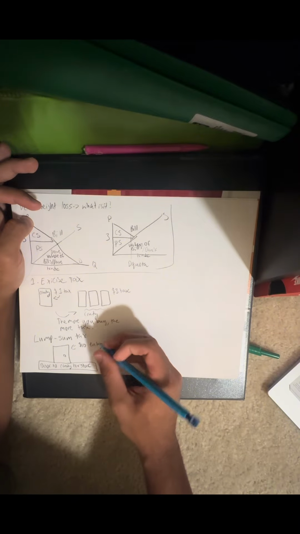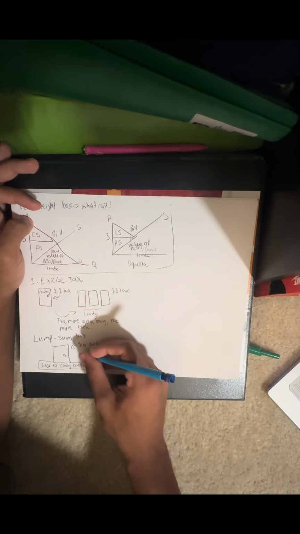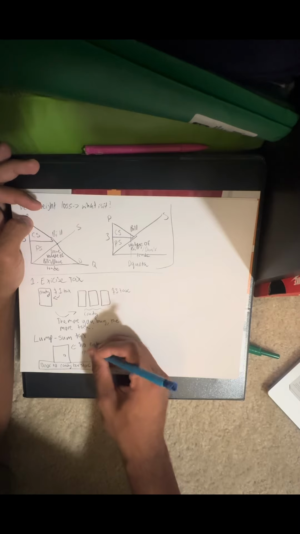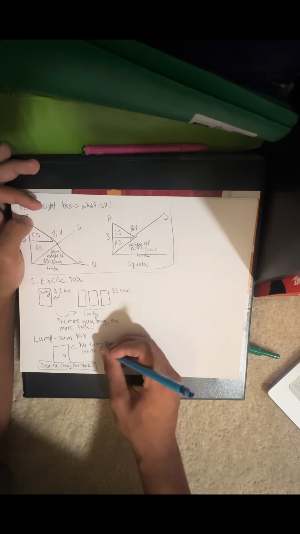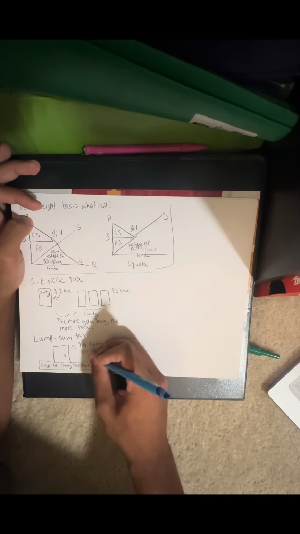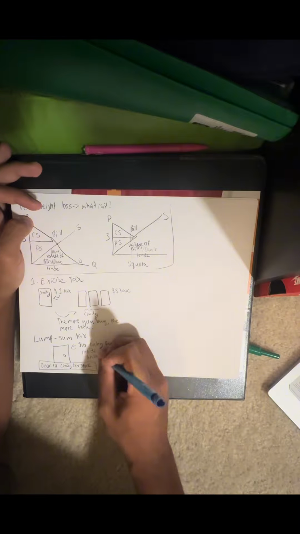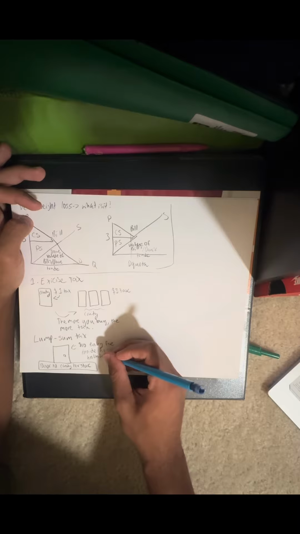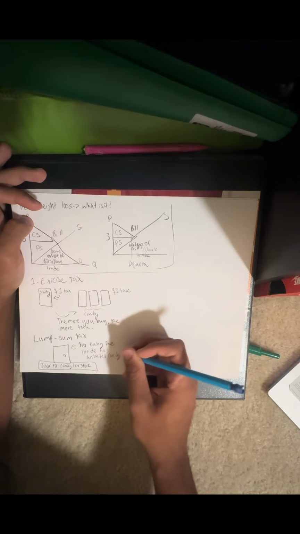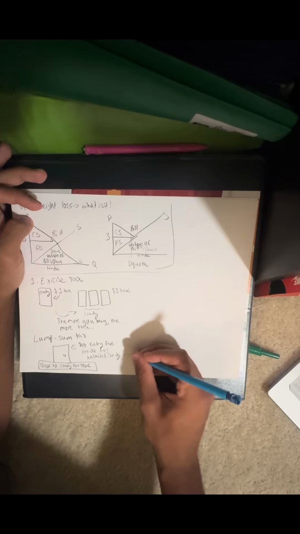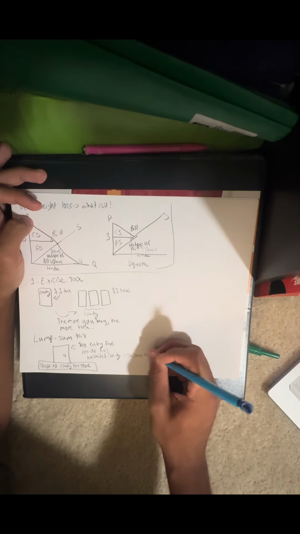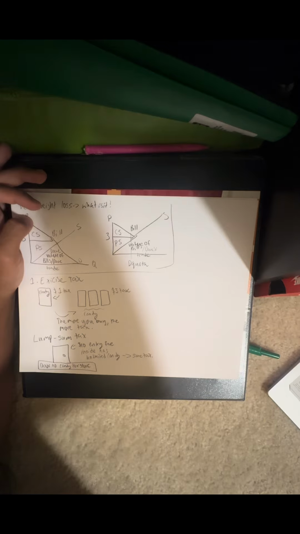There's no extra tax per bar. So the key difference is that an excise tax depends on how much you buy, and a lump sum tax is a one-time flat fee, if that makes sense. So for a lump sum tax, everyone pays the same no matter how much they consume. Each item adds more for an excise tax.